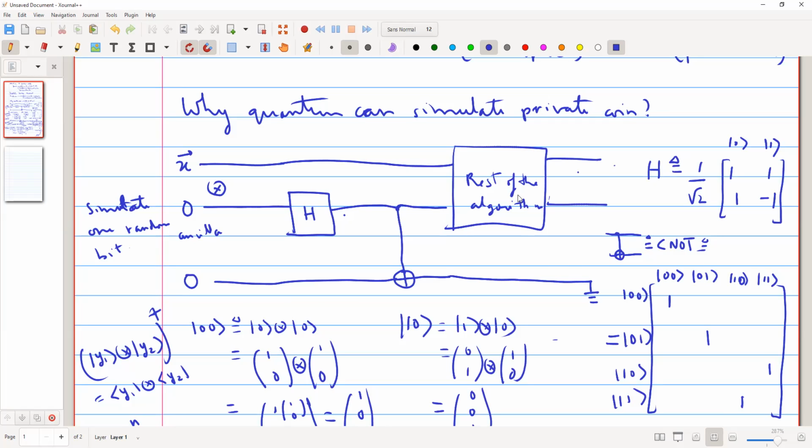I have already done that. The only truly quantum part is the Hadamard and control node. Where is the bit coming out? This is the bit, but it is entangled with this one. It's in an EPR state, so its reduced state is just a random bit. This is how all these quantum random number generators operate.